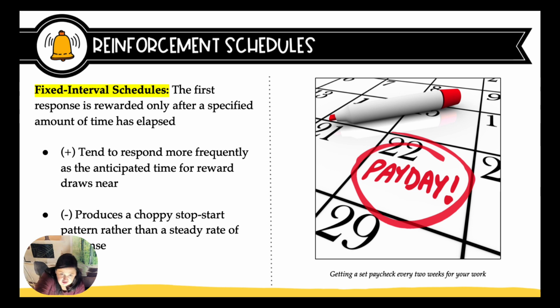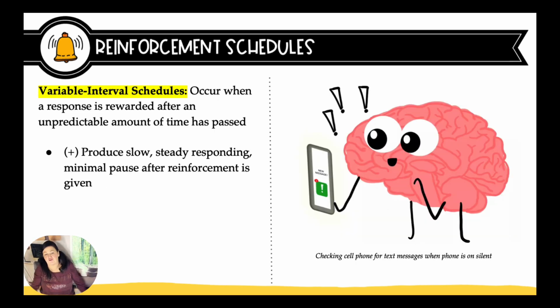Okay? The fourth type, the final type, is variable interval. Okay, so it's variable timing and it's variable reinforcements. So the final form is called partial reinforcement. Okay, so variable interval is the last type of schedule.